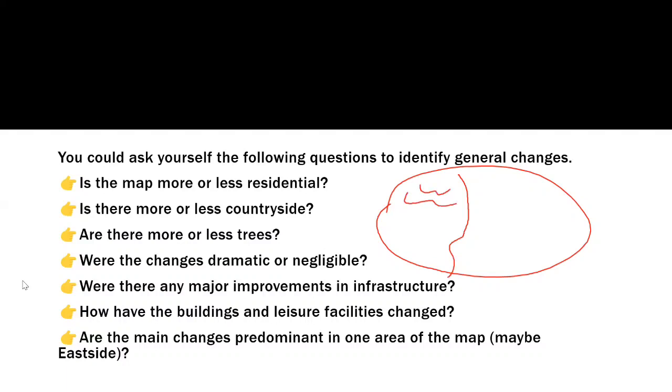Maybe everything on this place looks like it has been changed massively. Maybe the development was on this side, and on the other side here, everything remains unchanged. Maybe this side just remained unchanged, or had negligible or minimal change.